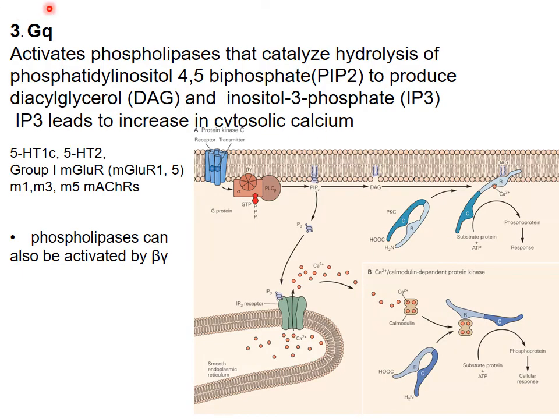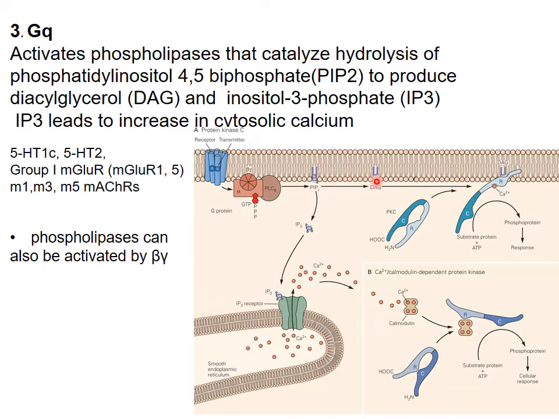Then we have Gq. Again, there are other G proteins, G11 and G14, that function the same way. They activate phospholipases, in this case phospholipase C, that will catalyze hydrolysis of phosphatidylinositol 4,5-bisphosphate, a phospholipid present in the membrane.